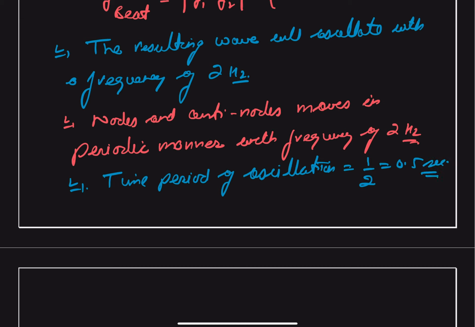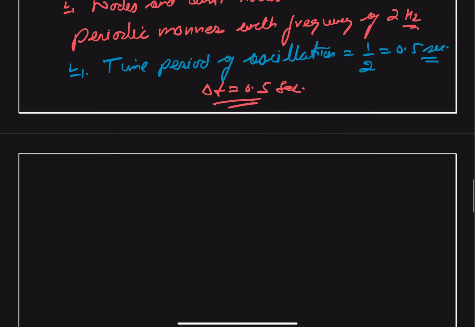So if we call this time period delta t, delta t is equal to 0.5 seconds. So it means the time difference between successive minima or successive maxima will be equal to 0.5 seconds.